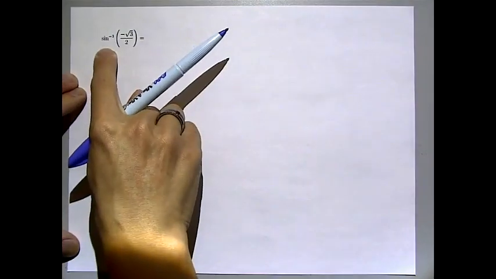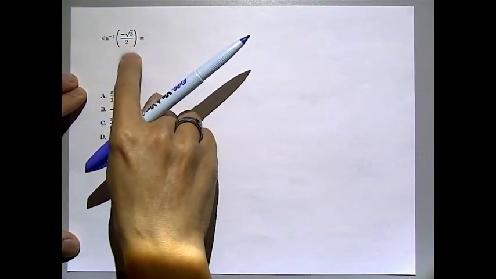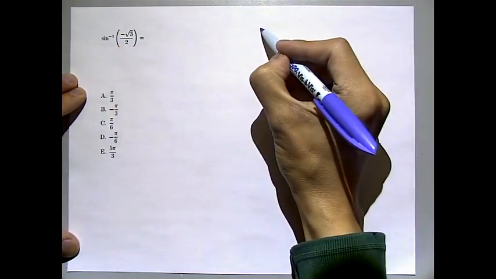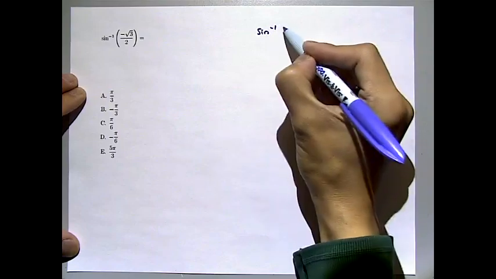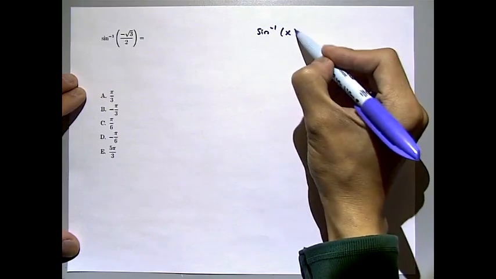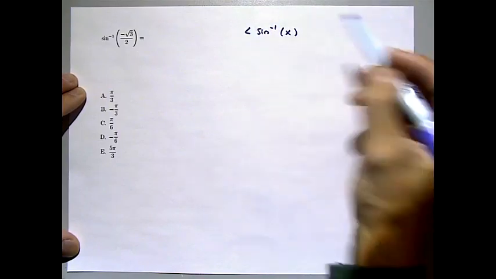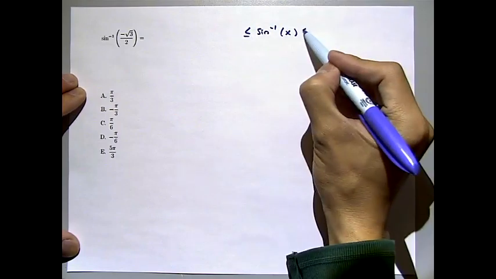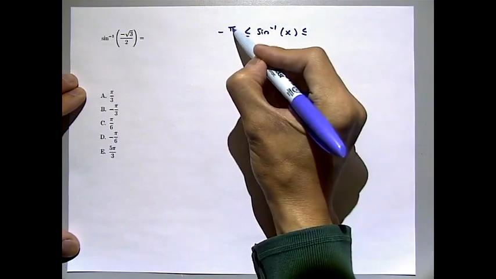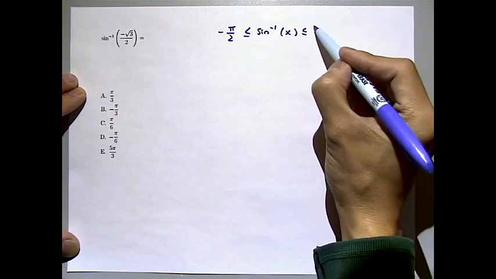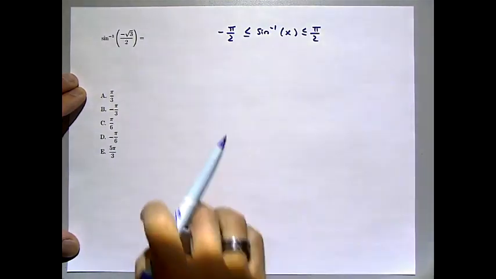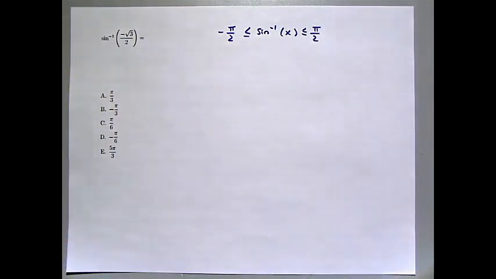We have an inverse sine of something. You got to remember that the inverse sine, we'll call that x, whatever the input is, can only give you an angle that's between minus pi over 2 and positive pi over 2. It has to be in the fourth quadrant or in the first quadrant.